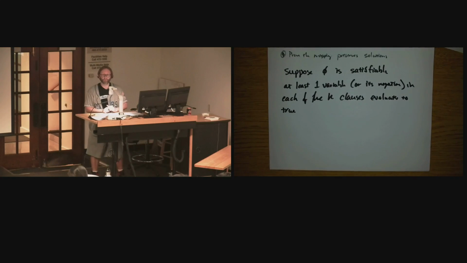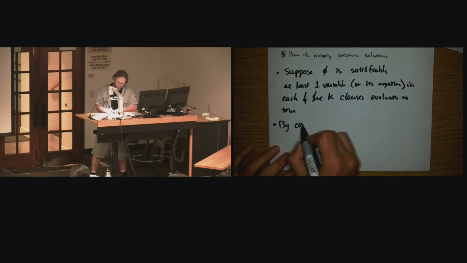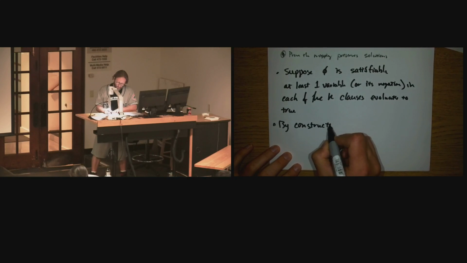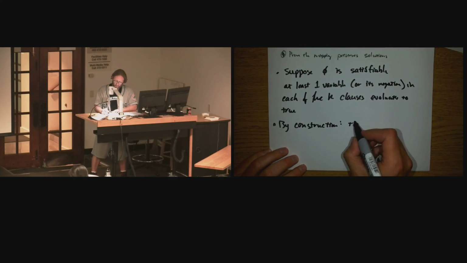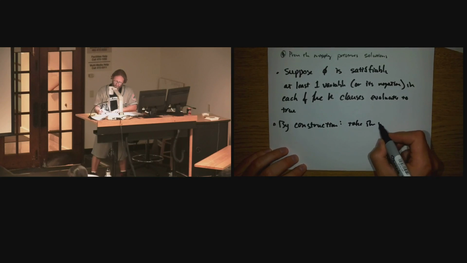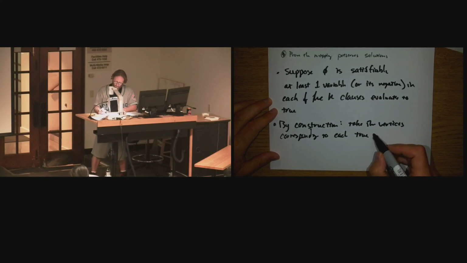Otherwise, it would not be satisfiable, right? Now, by construction, take the vertices corresponding to each true variable, right? Or its negation, okay?